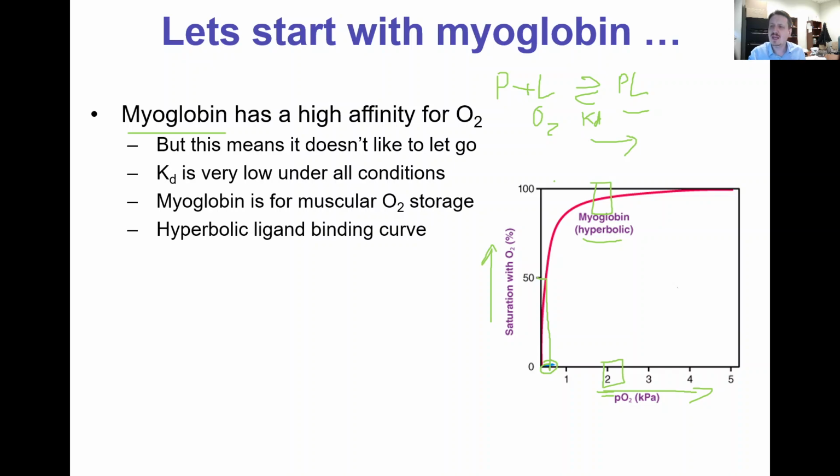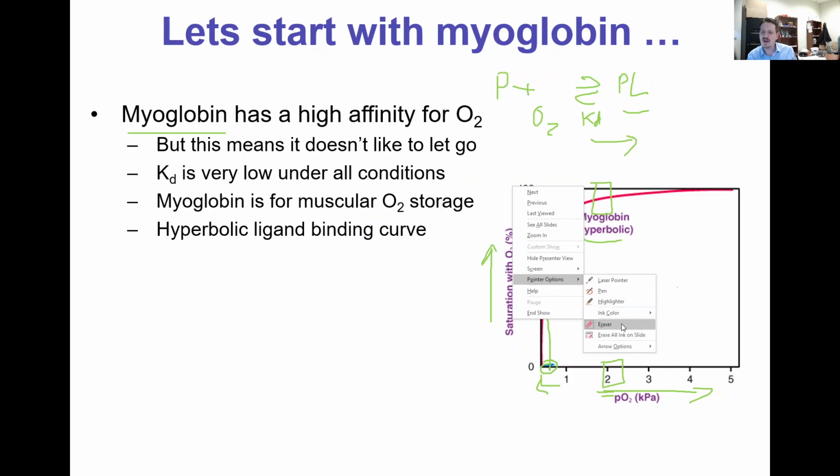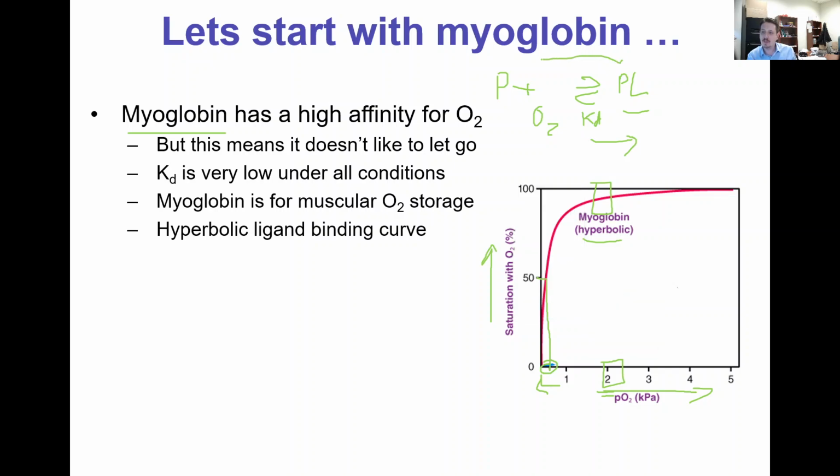And so, remember Le Chatelier's principle, if the concentration of ligand decreases, so we're saying that we enter into very low concentration of ligand, which is kind of reflecting hypoxia, then yes, okay, eventually the complex is going to break down in order to release some ligand, which is oxygen, but it won't do so until the concentration of ligand drops down really low in order to push Le Chatelier's principle to the left, because the Kd is also pretty low.